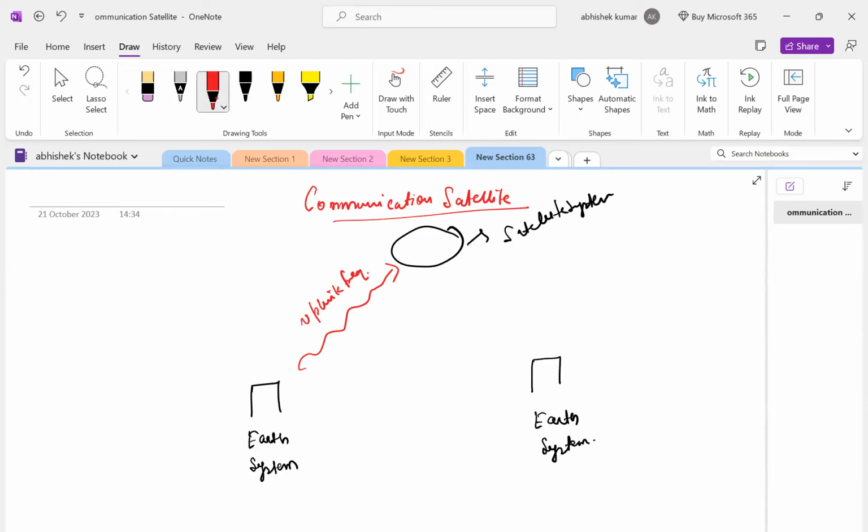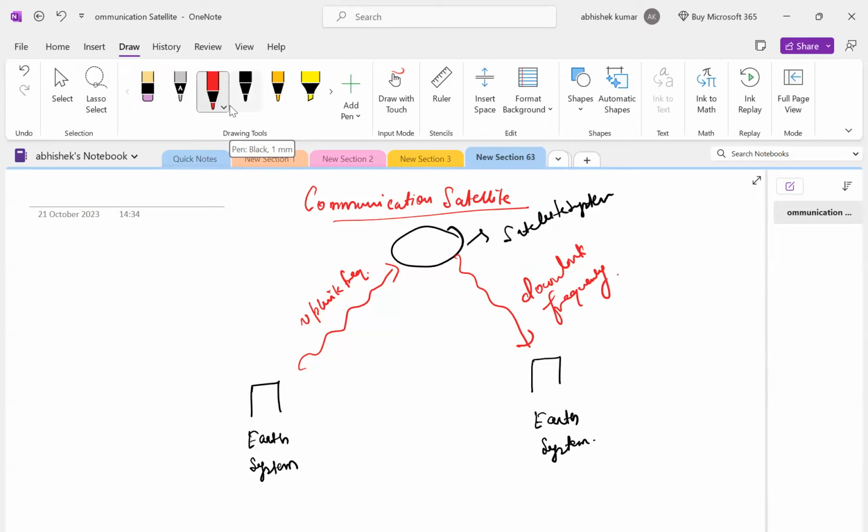Then the uplink frequency is translated to another frequency with the help of the transponder, and we get the downlink frequency. This is how satellite communication works. This is the basic idea behind communication using satellites.